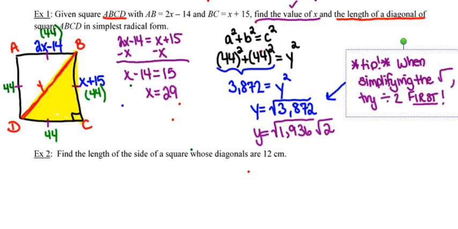This is super helpful because again, if you get your calculator out, that number underneath the square root, that 1,936 number, he's a perfect square. When I type that into my calculator, I find that the square root of 1,936 is 44. I can't simplify the square root of 2, so I'm merely going to leave it as square root of 2. So the length of that diagonal now is 44 square roots of 2.